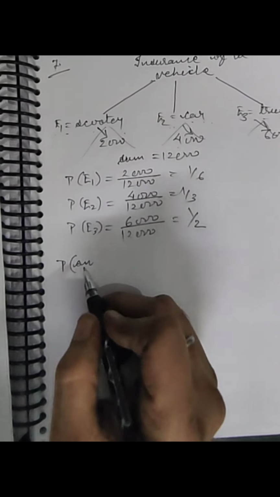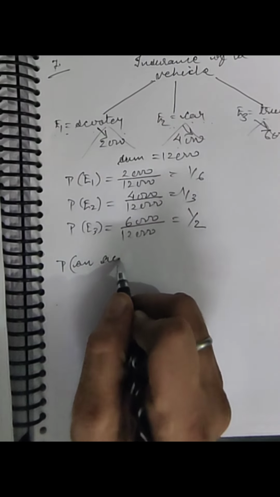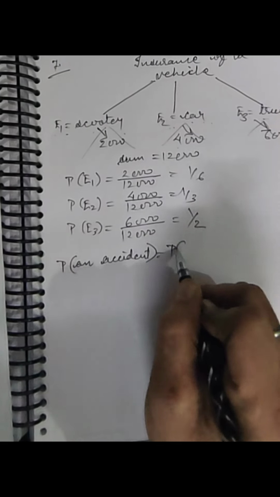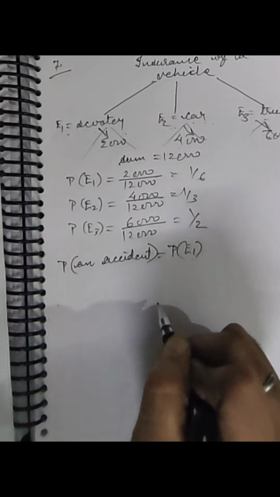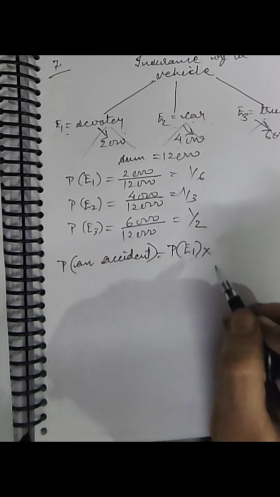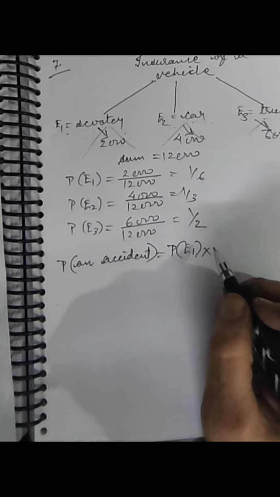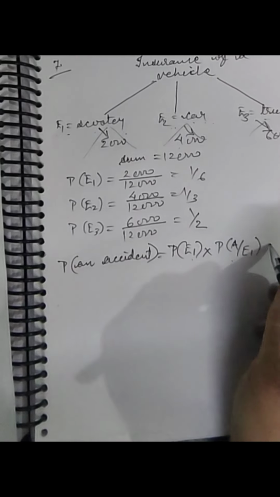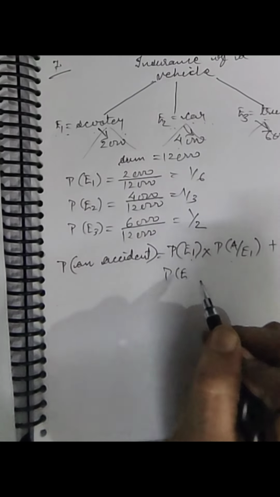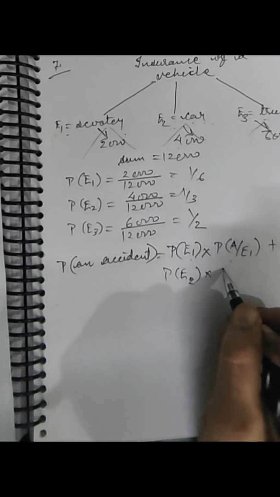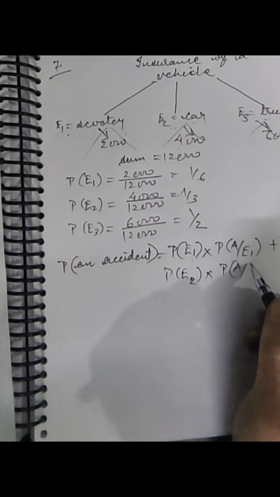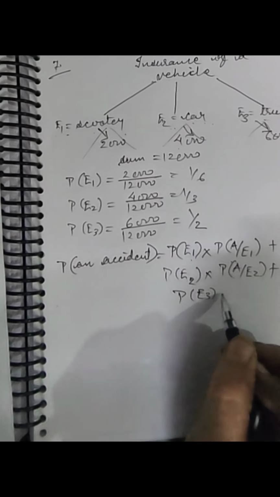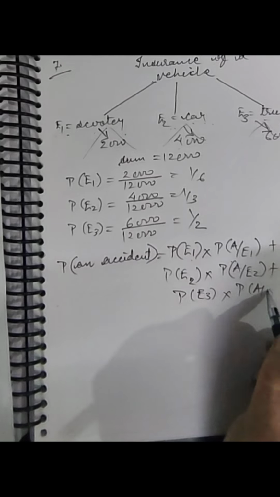By the way, probability of an accident, or a person meets an accident: suppose it is a scooter, probability of E1, now accident with the scooter, we are given the probability also. So I am writing A as an accident: probability of E1 times A in the case of a scooter, plus probability of E2, now accident in the case of E2 means car, plus probability of E3, now accident in the case of E3.